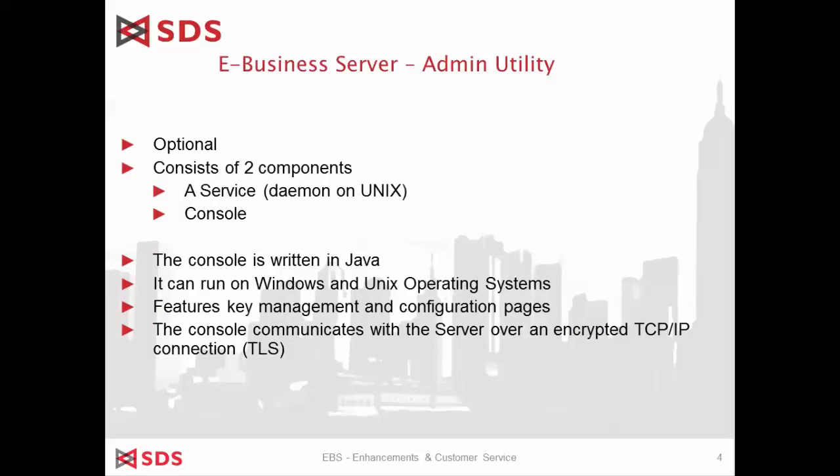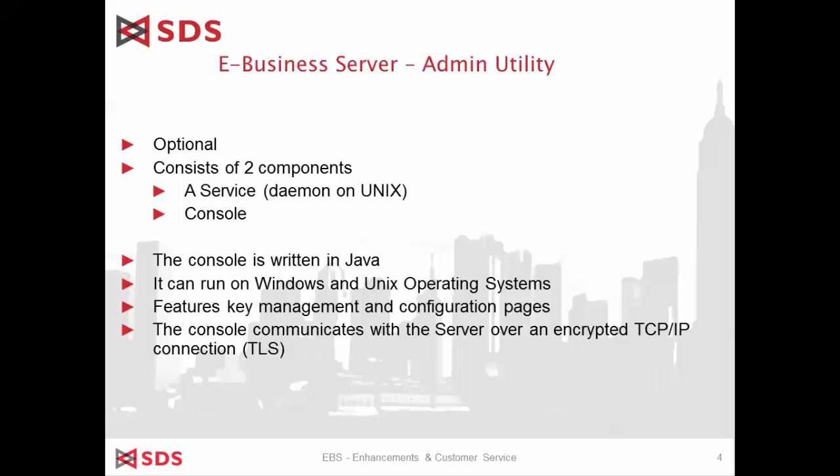Let's talk about the eBusiness Server administration utility. The admin utility is an optional console that provides a graphical user interface for eBusiness Server, specifically its key management and configuration management features. The eBusiness Server administration utility consists of 2 components, a service and a console.